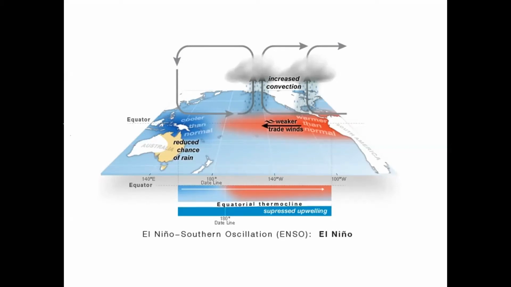You can see this equatorial thermocline, with suppressed upwelling of colder currents off the coast of Ecuador, and that has very far-reaching impacts. Further to the west towards Australia, there are cooler than normal temperatures and a reduced chance of rain. This is a periodic, naturally occurring process, but it has actually been strengthened due to human influences on climate change.